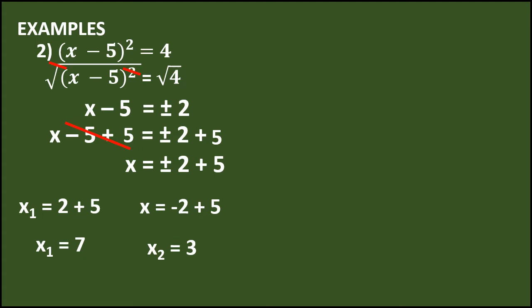Let us check the two answers to see if we are going to accept those two roots. How? By checking. All you have to do is substitute the value of x1 into the original equation, which is quantity x minus 5 quantity squared equals 4.